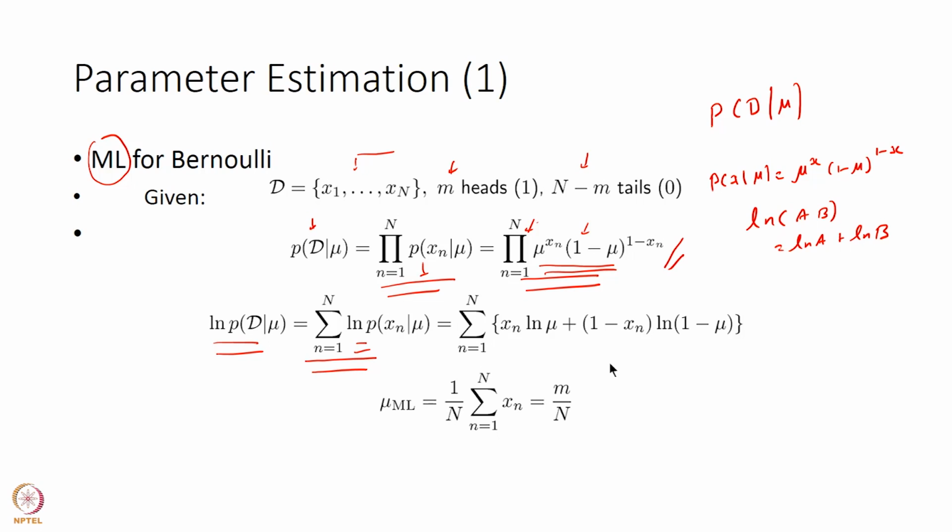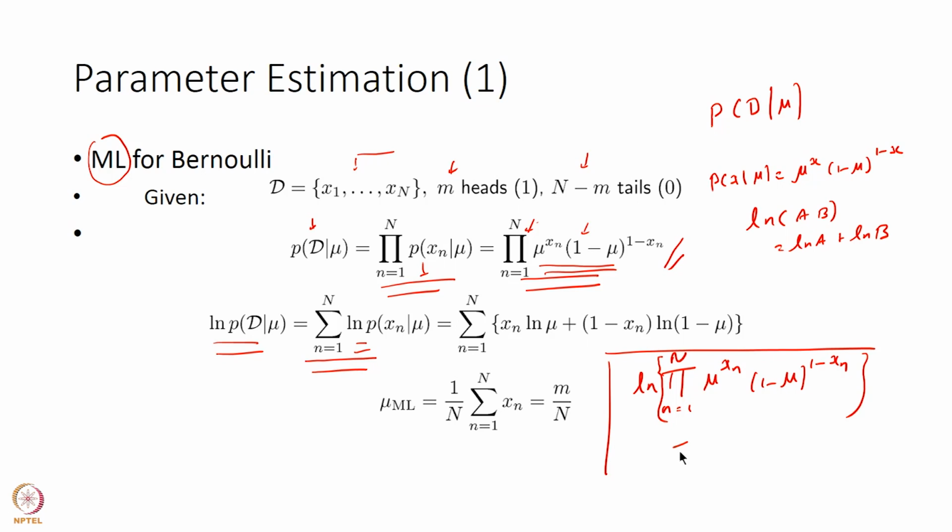So, if you want to write it down in a concrete way, it is the log of the product over n equal to 1 to capital N of mu raised to x n times 1 minus mu raised to 1 minus x n. This is a product of capital N terms, so we can write it as a sum of capital N terms by taking the logarithm inside.